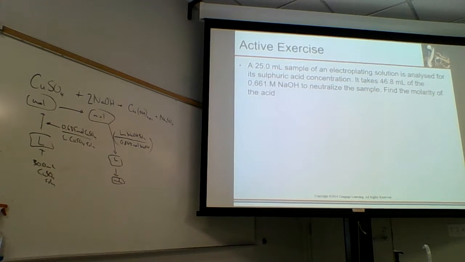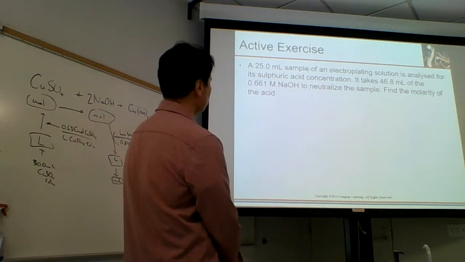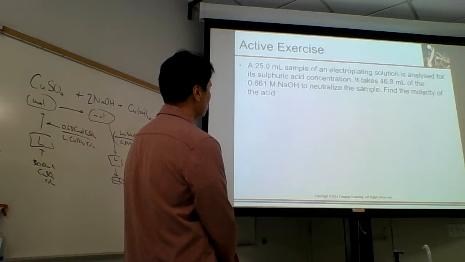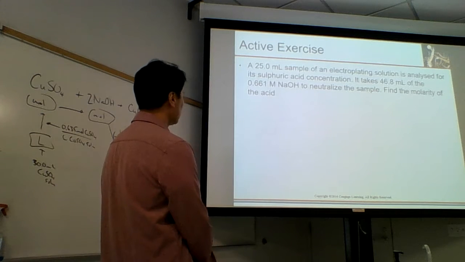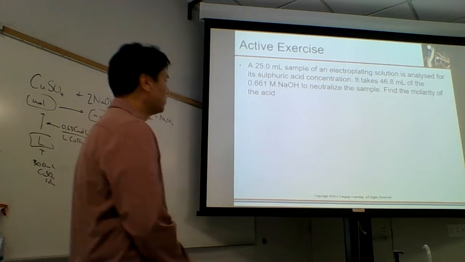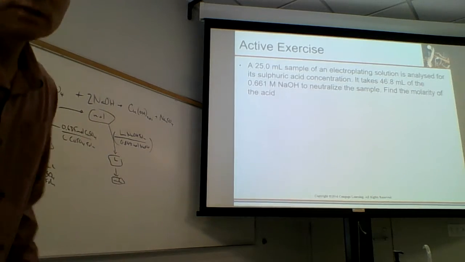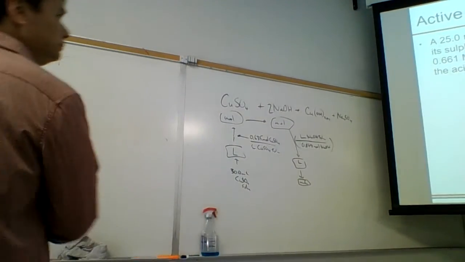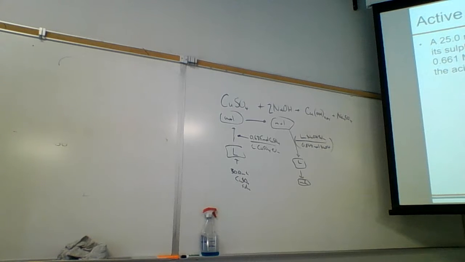So let's take a look at this titration problem. A 25.0 milliliter sample of an electroplating solution is analyzed for its sulfuric acid concentration. It takes 46.8 milliliters of 0.661 molar sodium hydroxide to neutralize the sample. Find the molarity of the acid. In this case, the H2SO4 is being titrated with sodium hydroxide.